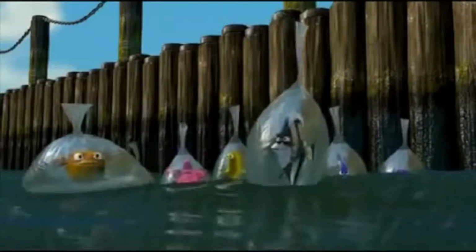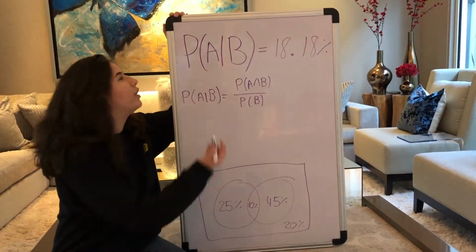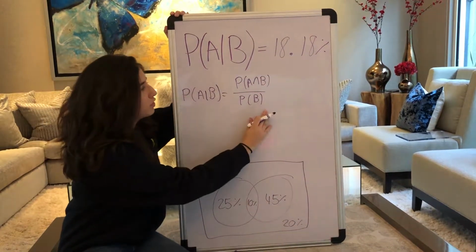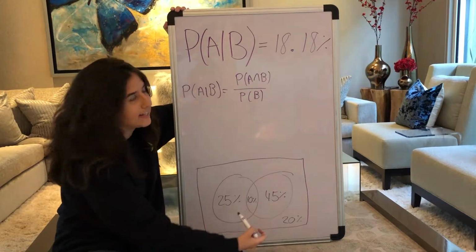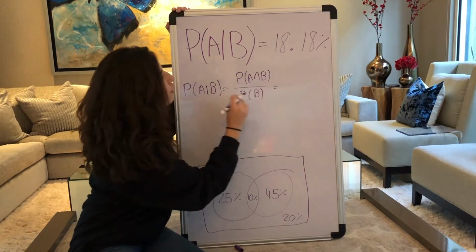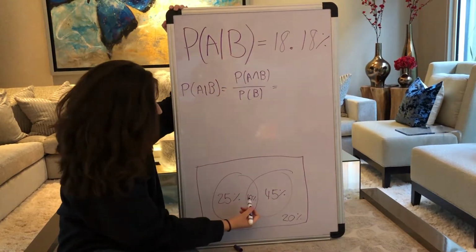In question number 5, we're asked to find the probability of A given B. So we're going to use this formula, but we can also do it visually because we have here the Venn diagram. First, we're going to look for the intersection of A and B, that is 10.